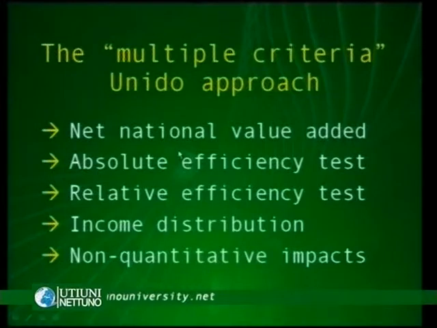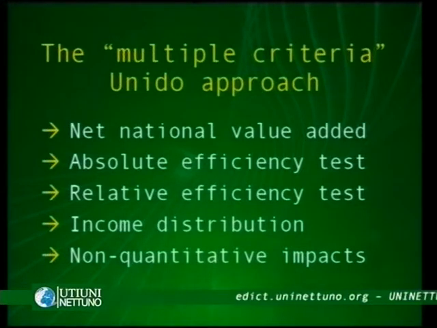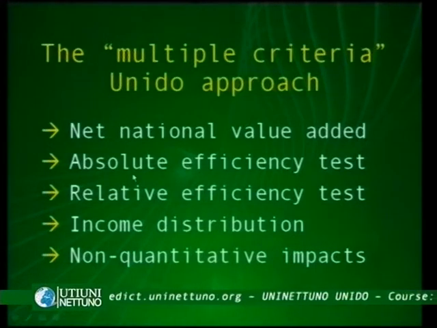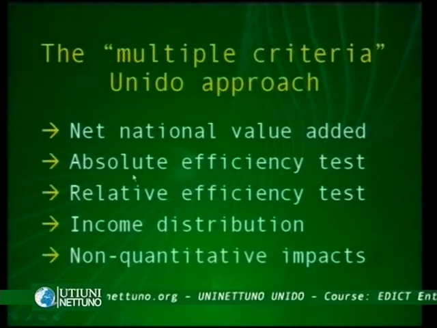Then you have 2 tests that we'll discuss in greater detail before closing this class, that are the absolute efficiency test and the relative efficiency test. The absolute efficiency test has the objective to check whether the wages are lower than the value added.